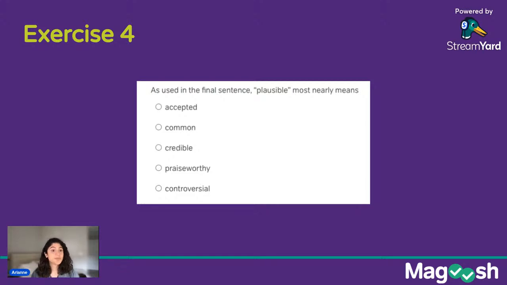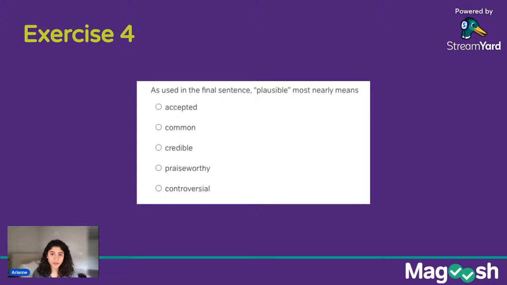C, credible. Credible is very close to likely. It is very close to plausible. This is a good contender. I like this. Let's put a happy face next to it. D, praiseworthy. Now, praiseworthy on the spectrum of positive and negative is just way too over the top. We're not trying to say that one theory is more praiseworthy than the other one, but that one is more likely, more plausible. So D is too extreme, and E is too extreme.